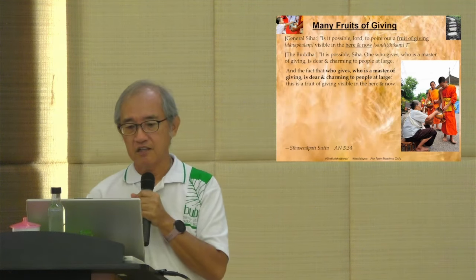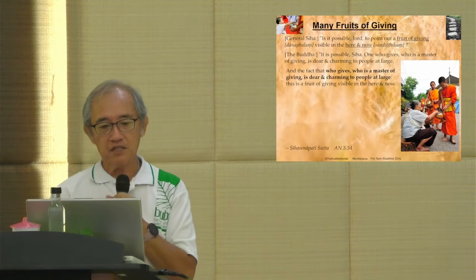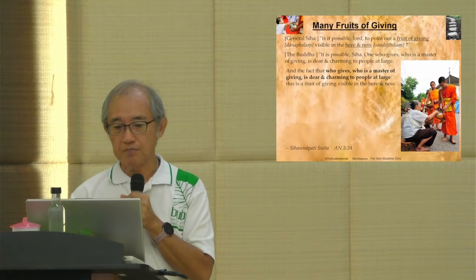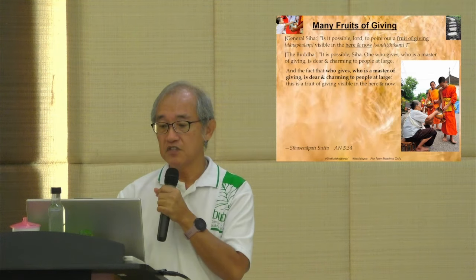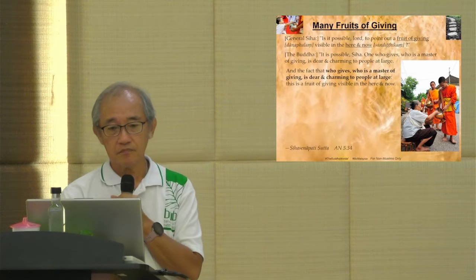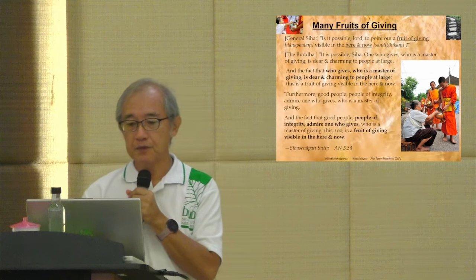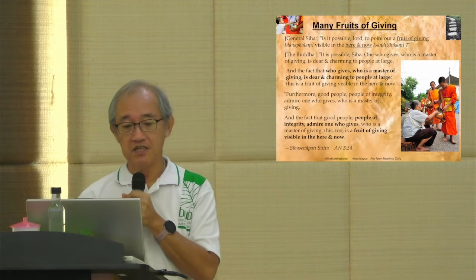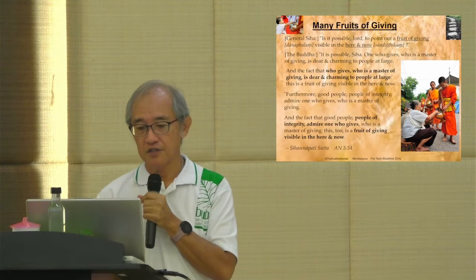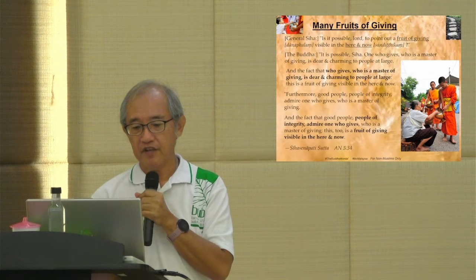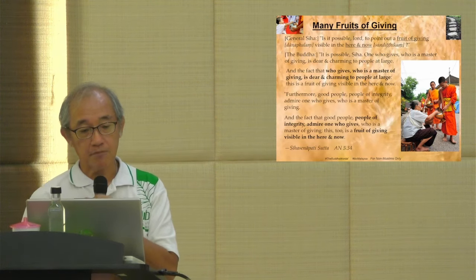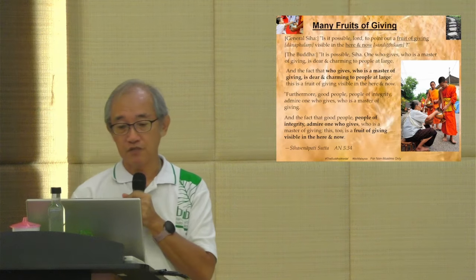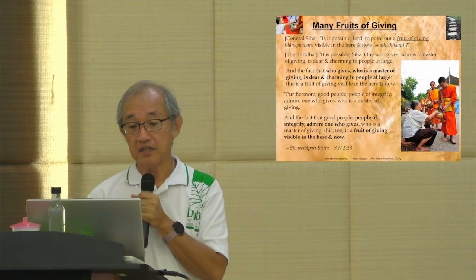And the fact that one who gives is dear and charming to people at large, this is the fruit of giving, visible in the here and now. Furthermore, good people, people of integrity, admire one who gives, who is a master of giving. And the fact that good people admire one who gives, this too is the fruit of giving, visible in the here and now.